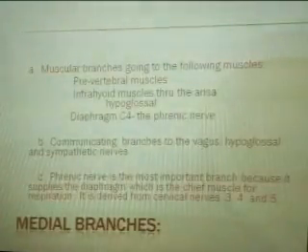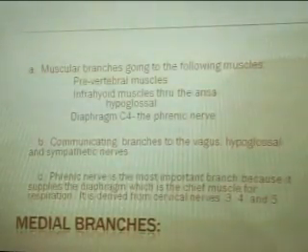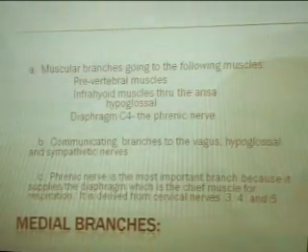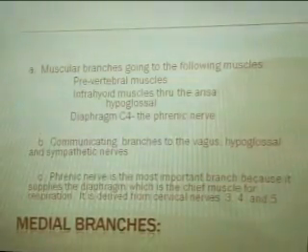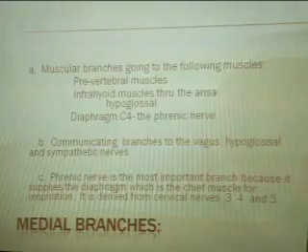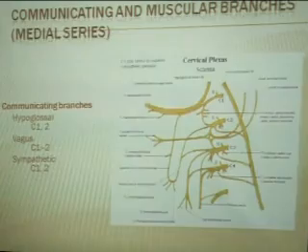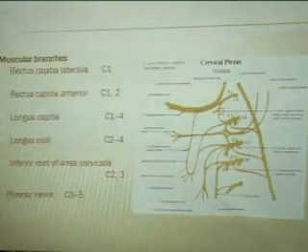The muscular branches go to the prevertebral muscles, infrahyoid muscles through ansa cervicalis, diaphragm from C4, and the communicating branches to vagus, hypoglossal and sympathetic nerves, and the phrenic nerve, which we told just now. These are the muscular branches.